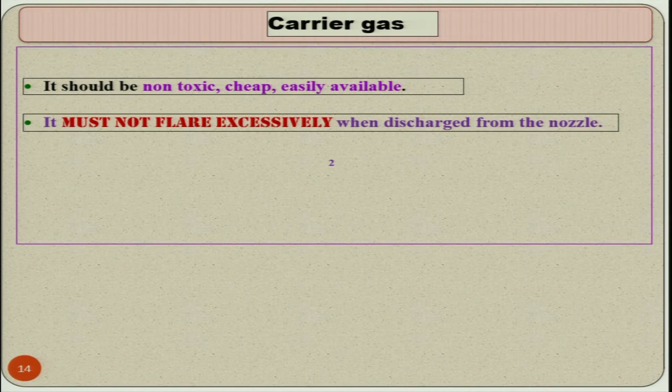Flaring is a very big problem in the case of abrasive jet machining, we will see it a few minutes later, because when the jet is coming out, it flares out like this, and some gases flare out more compared to others. If flaring is more, then instead of getting the cavity like this, you will get the cavity like this, and in many cases you may have to reject the workpiece with this kind of cavity.